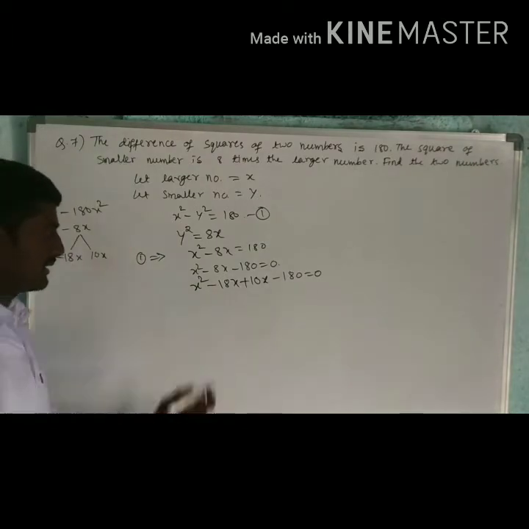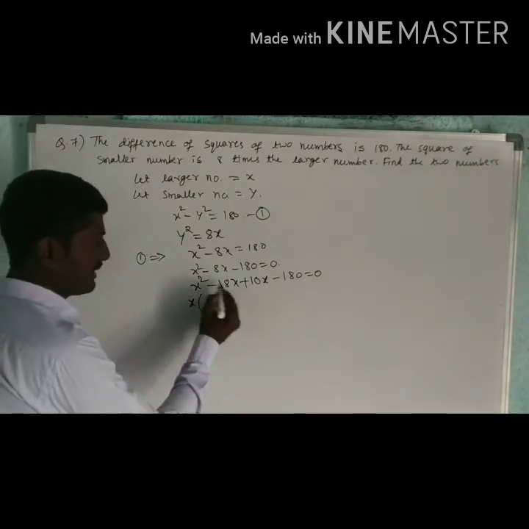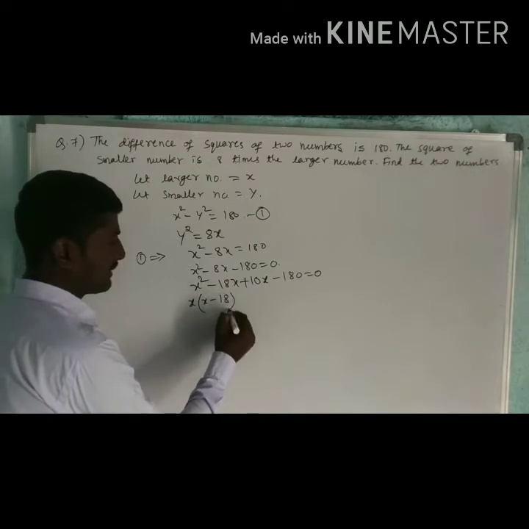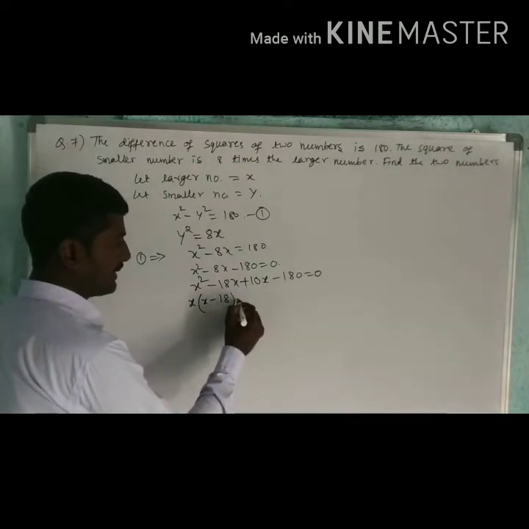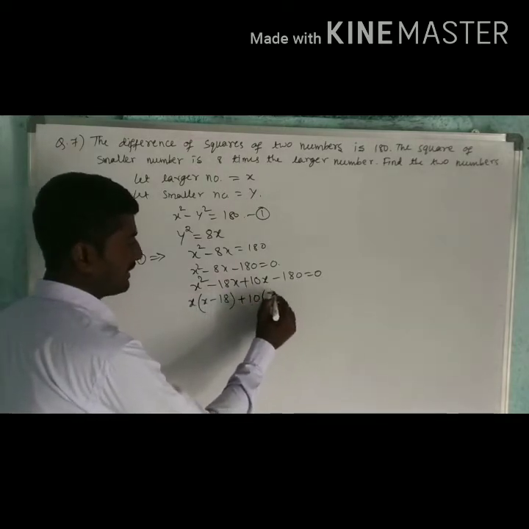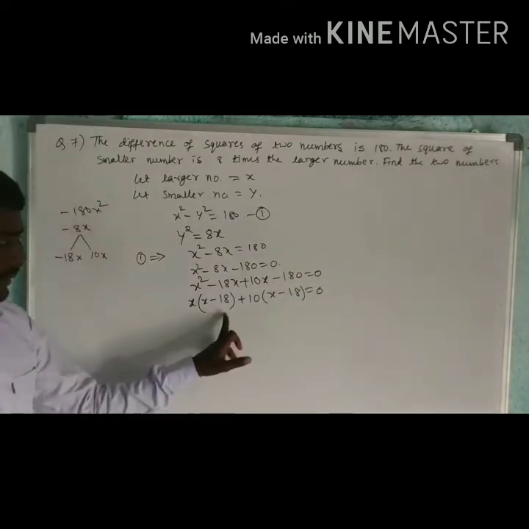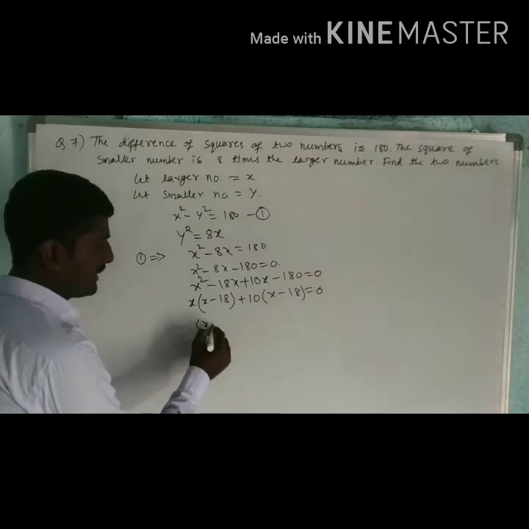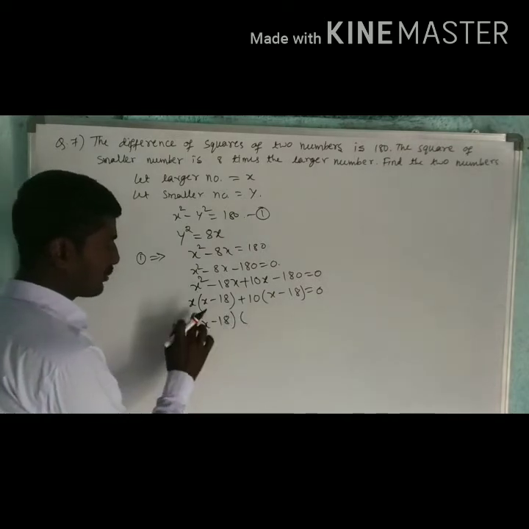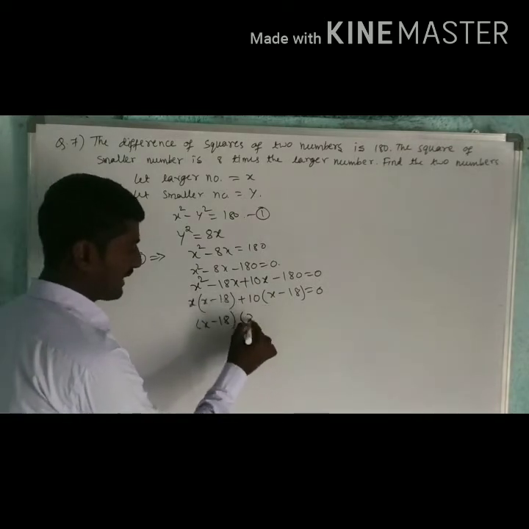Now we will take common here. X I will take common from the first two terms: x into x minus 18. From the last two I will take 10 common: 10 into x minus 18 is equal to 0. Now taking x minus 18 common, inside there will be x plus 10.